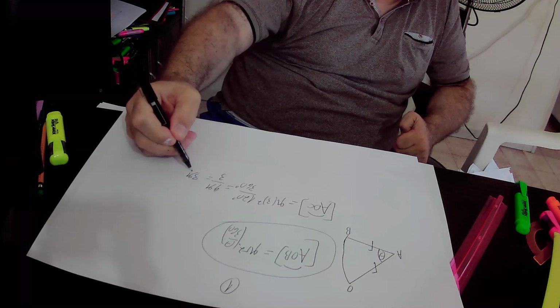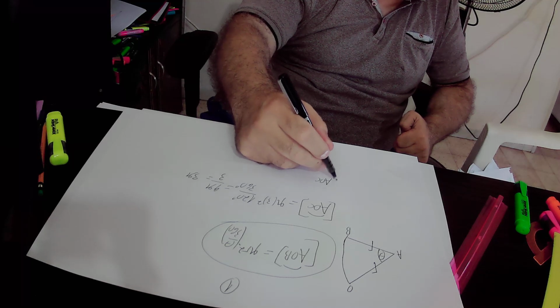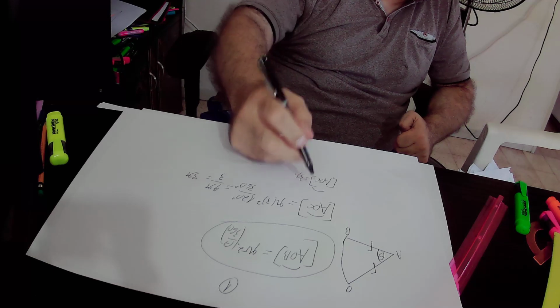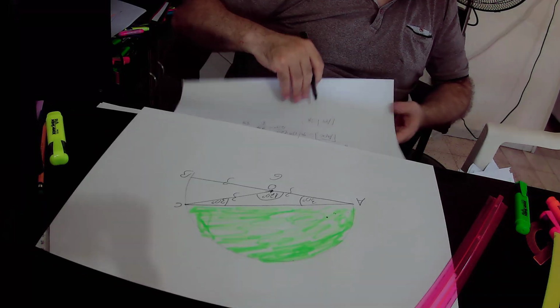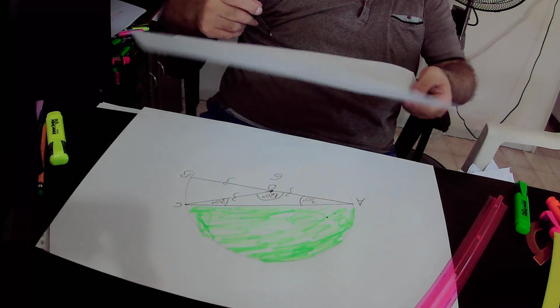So we found out that the area of this sector AOC is equal to 3 pi square units.